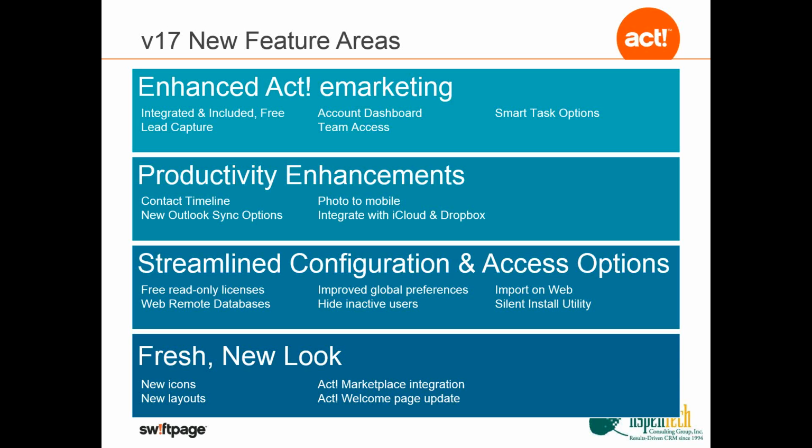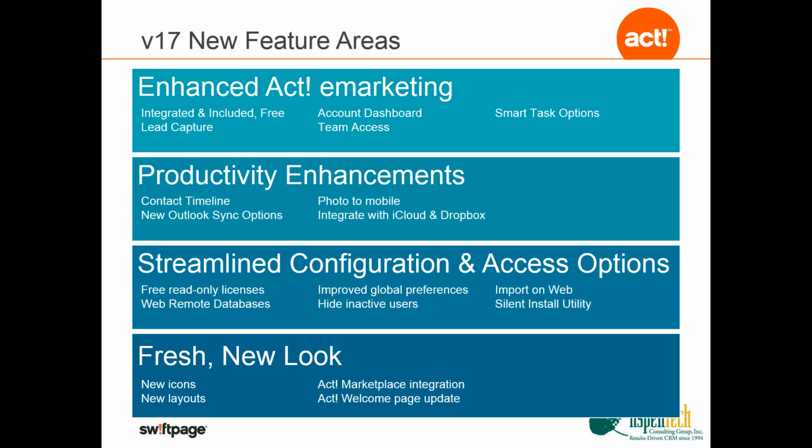Under productivity enhancements, we have contact timeline, a graphical overview of all of your important interactions with a contact. We have a new one-way Outlook sync option that provides a more stable sync platform between ACT and Outlook. In ACT Mobile, you can now snap a photo from your smartphone or tablet and attach that directly to an ACT contact.